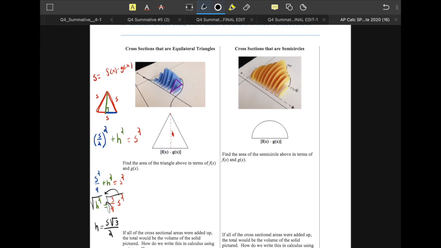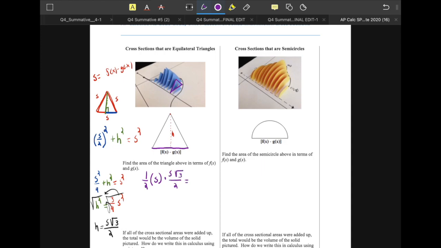All right. Now, the thing you can memorize if you so choose is that, remember, we're calling this S, 1/2 the base times the height. So this would be 1/2 times S times, we just found what the height is, S root 3 over 2.